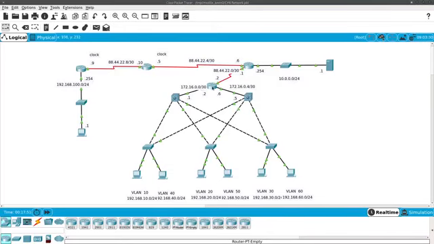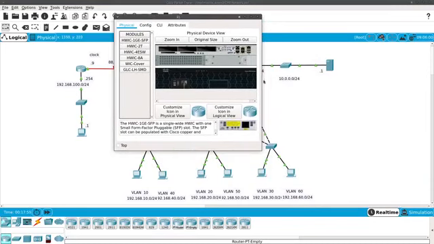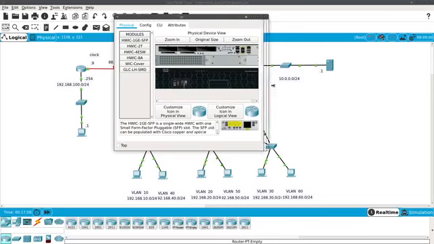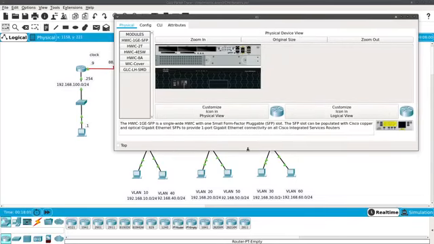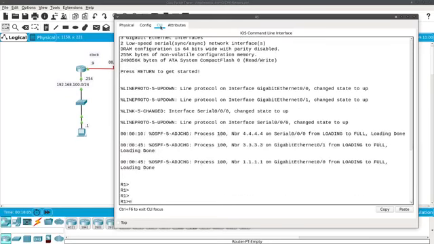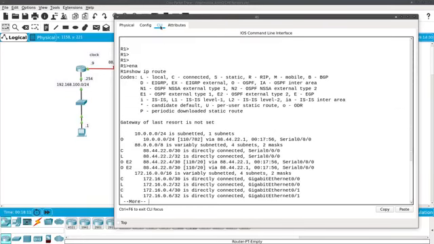If we have a look at one of the other routers, just to compare the routing table on that one, see what we've got in there. Go into privileged exec mode and we'll do show IP route.